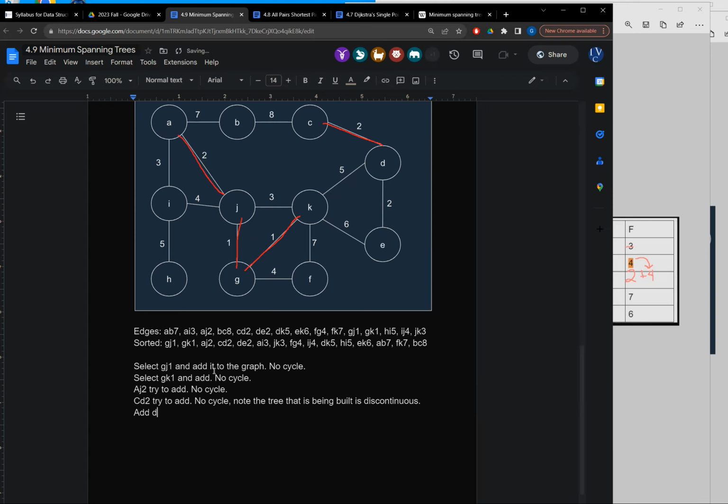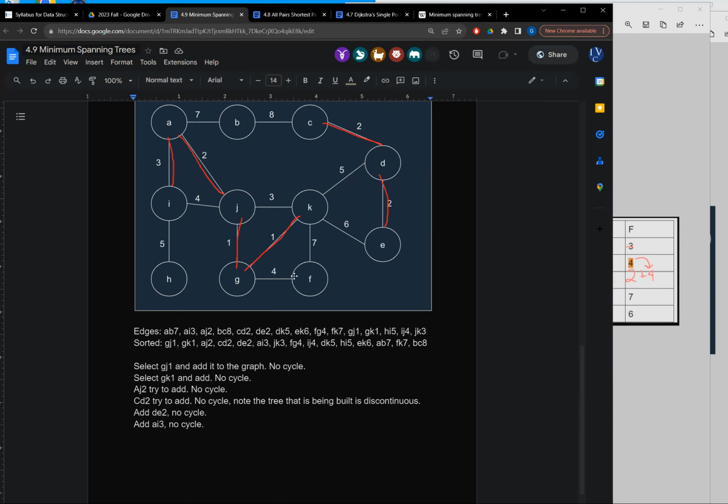All right, and D2. Where is D? There you are. No cycle. Add AI3. That won't create a cycle. Now they're getting connected here.